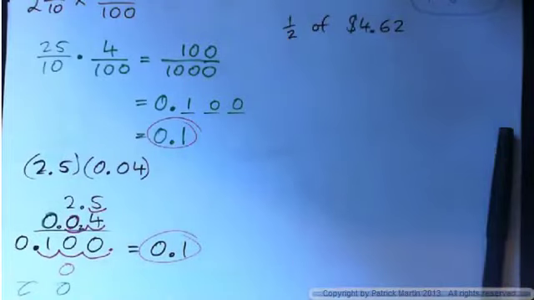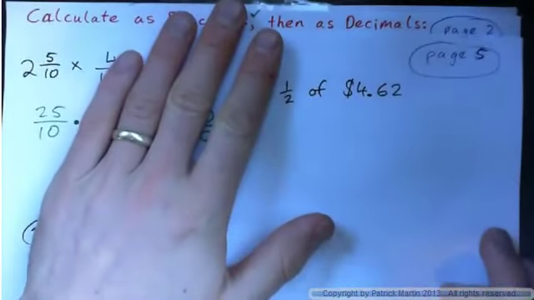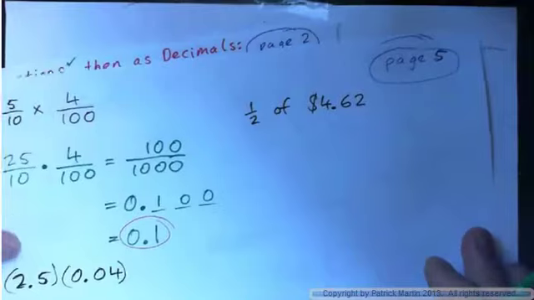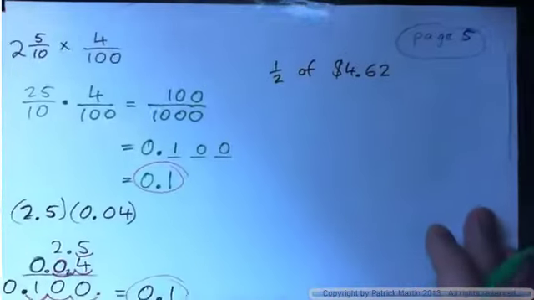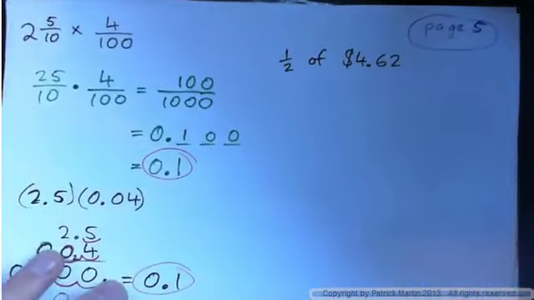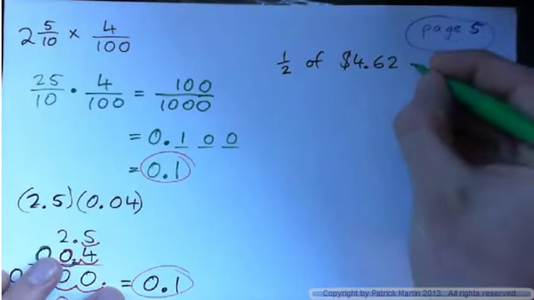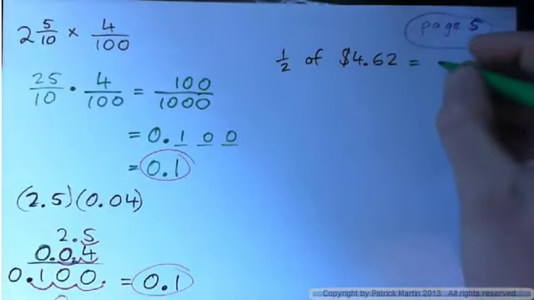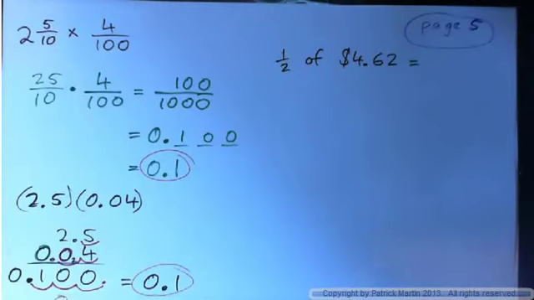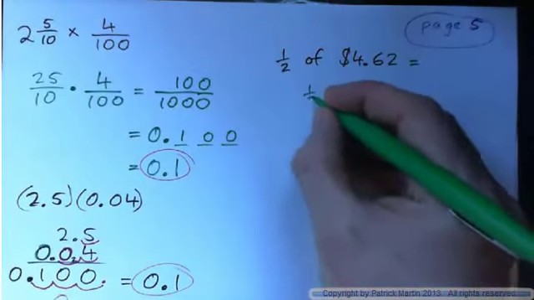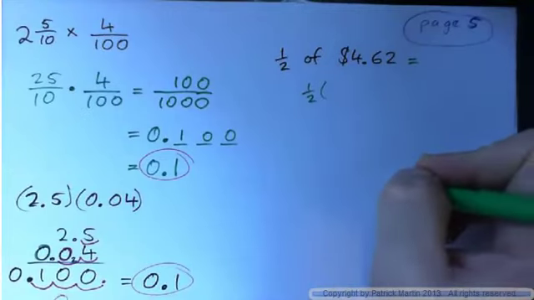Okay. So we'll do some more just general practice with multiplying decimals now. We're just going to look at a half of $4.62, for example. Can you write down what that would be? What would a half of $4.62 be? You know, and once again, if I calculated this using fractions, of means multiply, doesn't it?